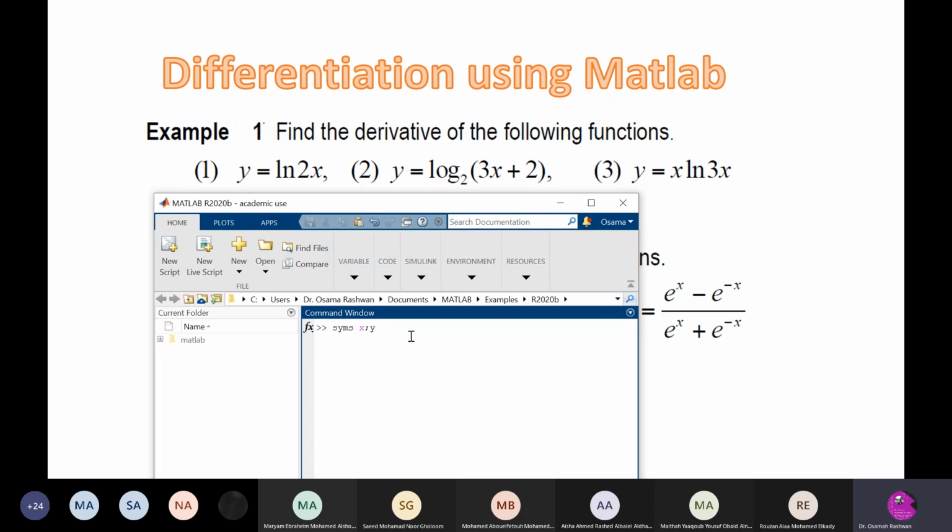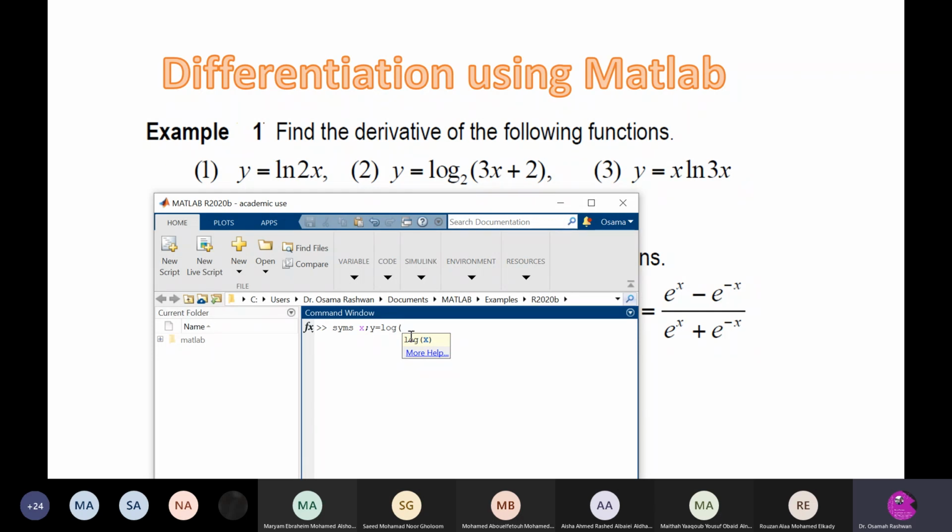What is y? y equals... how to write ln in Matlab? It's not written ln, it is written log. So it accepts log as ln for base e. Okay, and open bracket, as mathematically we write f of x, f open bracket x.